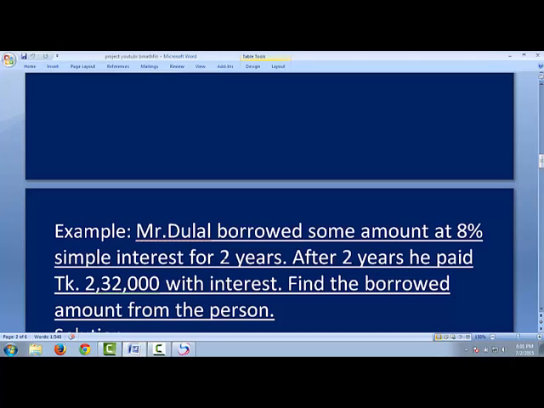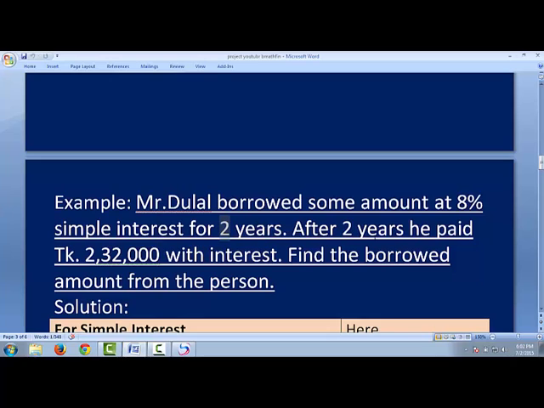Here you can see 2,32,000 is the money you will get after 2 years, meaning it is the future value. So we have FV and we have N, meaning years. Here N is equal to 2 years, and the interest rate is 8%. So we put the values in the formula.